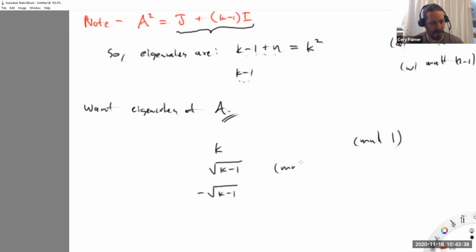This has multiplicity, say r, and this has multiplicity, say s. I don't know what the multiplicities are; I can't predict that. But what can you tell me about r plus s at least? Yeah, it should be n minus 1. Good, Eric. The multiplicities should add up to the original multiplicity. If we're lucky and we have something like this that you can just take the square root of, then you know exactly what it is. So these are the 3 types of eigenvalues of A.